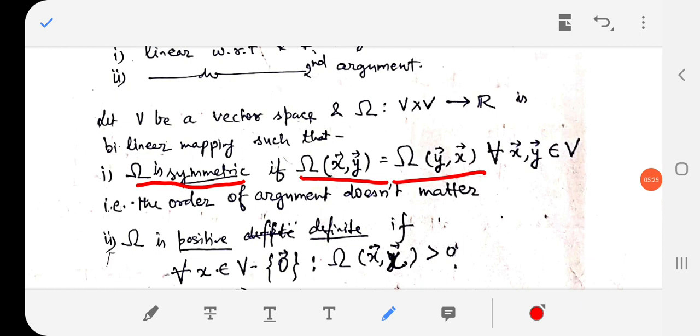Both go to the same value in R. This bilinear mapping takes two elements from the vector space and maps them to a real value. So definitely it's a many to one mapping. A lot of pairs actually map to the same real number.